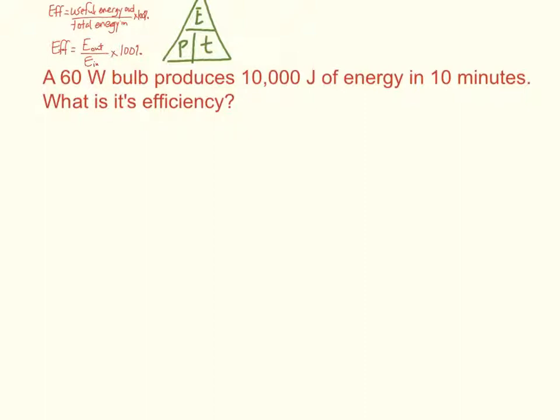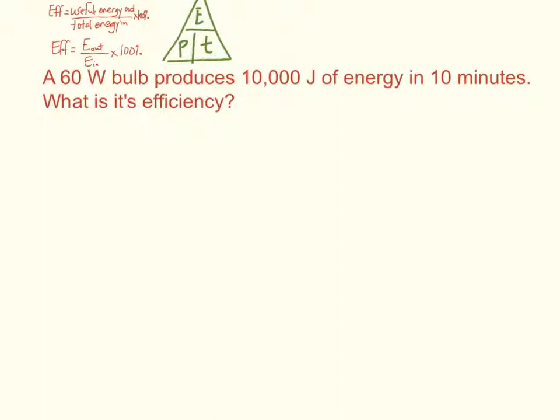So the first step when you see an efficiency problem is to figure out what values are affiliated with E in and what values are affiliated with E out. Remember that E out is going to be the energy that is actually being used to perform the device's purpose. So keywords to look for would be something like it produces energy, which is something that we see in this problem.